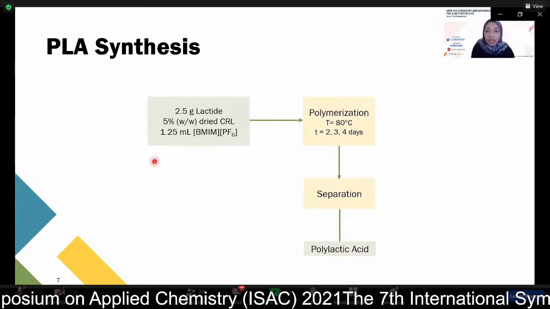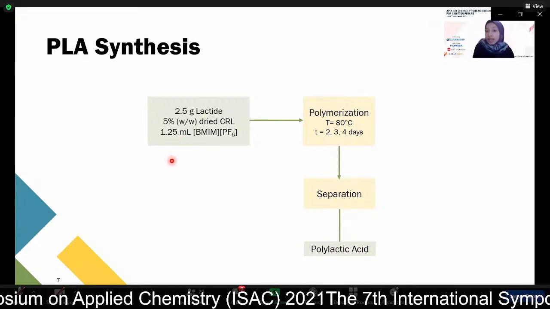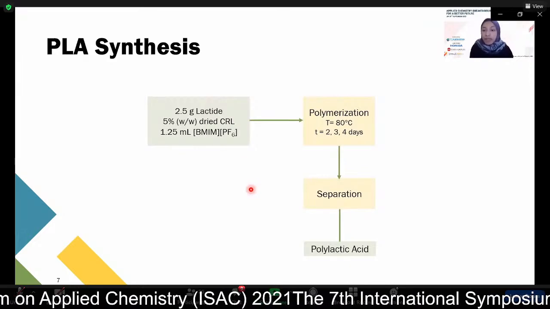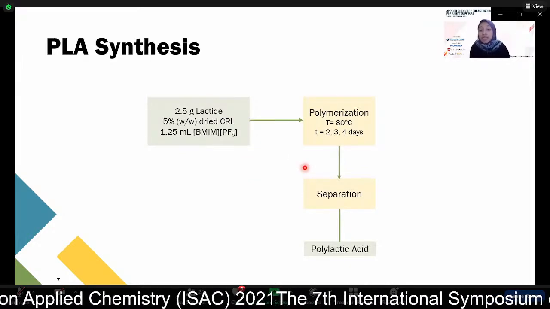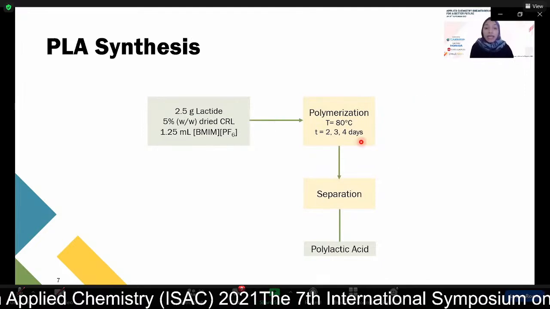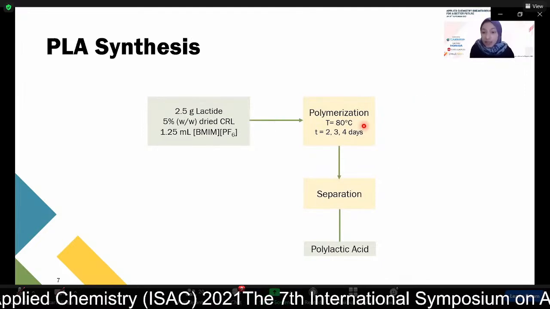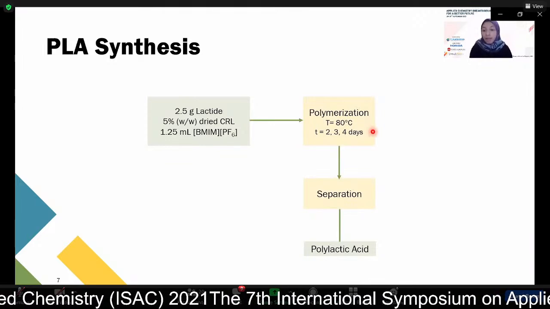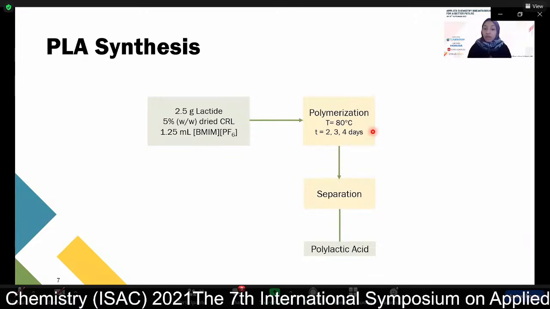Then, lactide, CRL, and solvent were added into a glass test tube. The reaction mixture was placed in an oil bath at 80 degrees Celsius and stirred with a magnetic stirrer for a predetermined time of 2, 3, and 4 days.